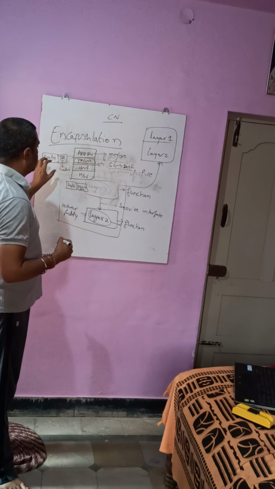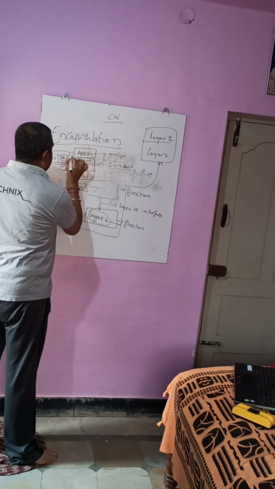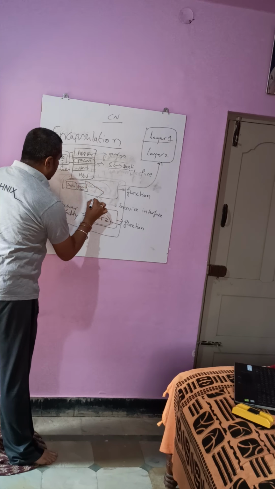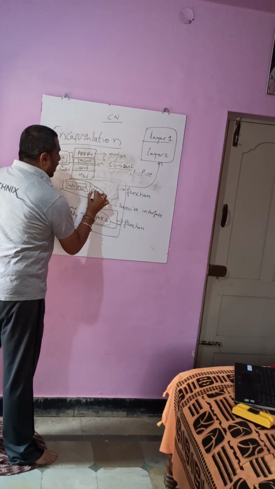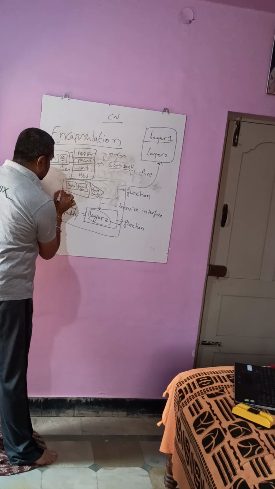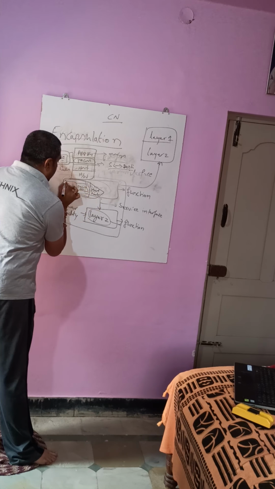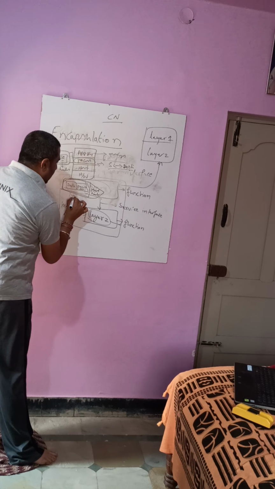Whatever this data is, it will be covered again with another header like this. A host header will be there. It is encapsulated. This is encapsulation. The entire thing now will be treated as a payload.